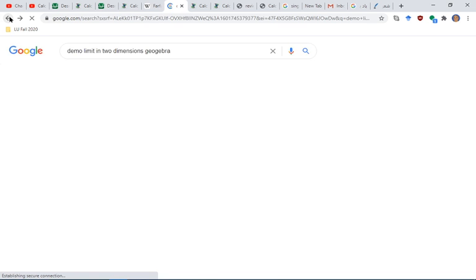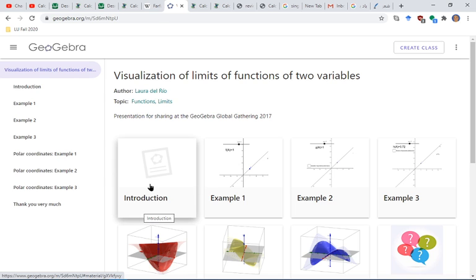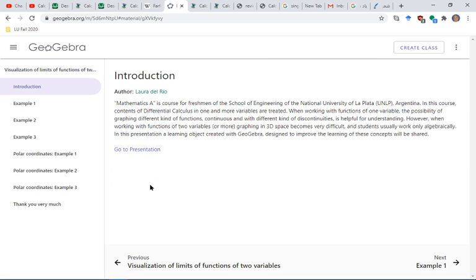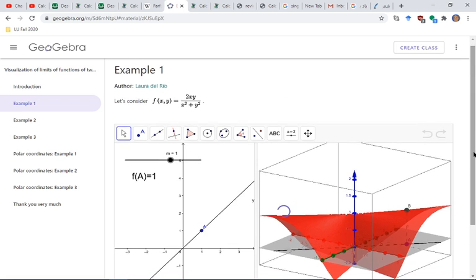GeoGebra's websites typically have a bit of a delay, and we have to wait for this to show up. Okay, it took a while, sorry for that.